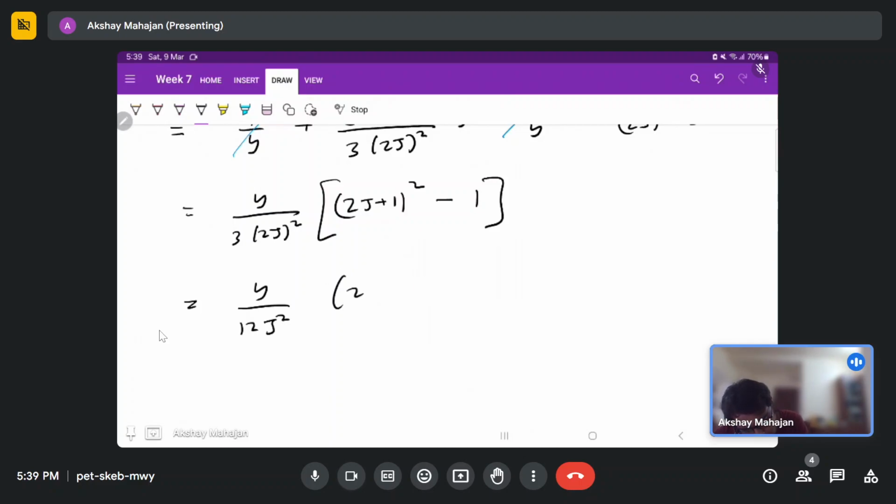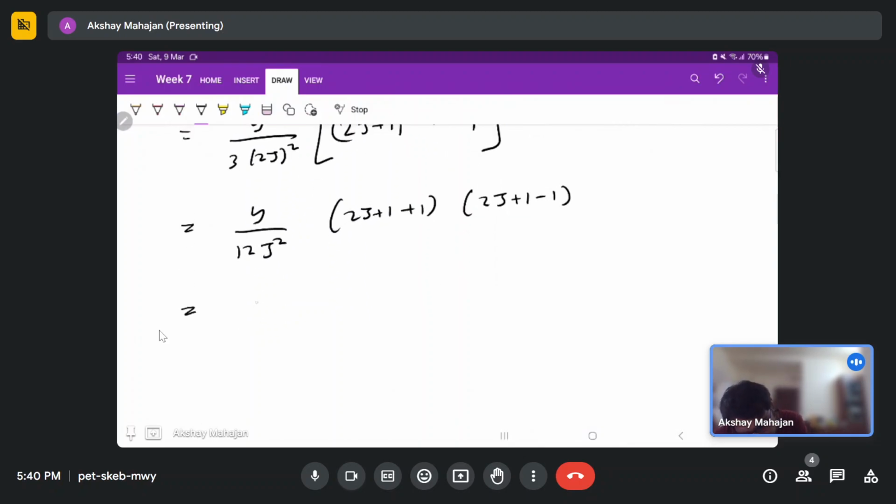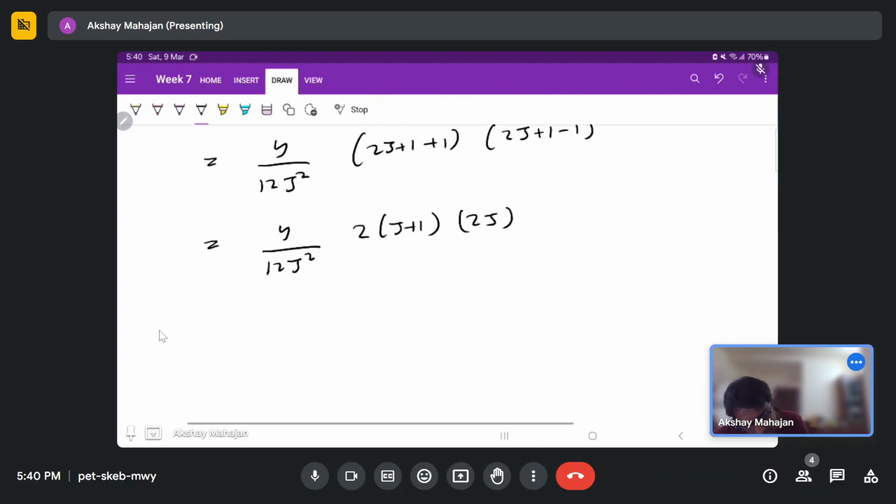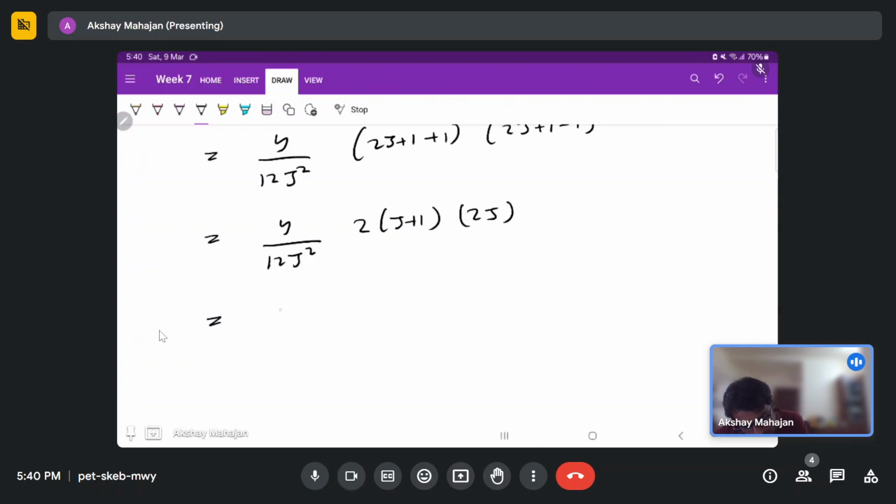So it will be (2j plus 1 plus 1) and (2j plus 1 minus 1). It will be 2j plus 2, which could be written as 2 times (j plus 1), and this will be just 2j. So that gives us y times (j plus 1) upon 3j.